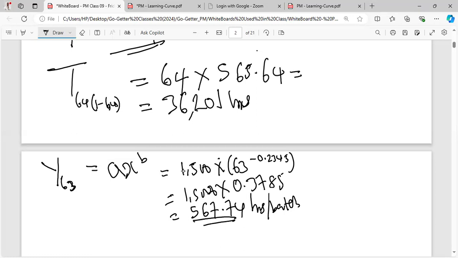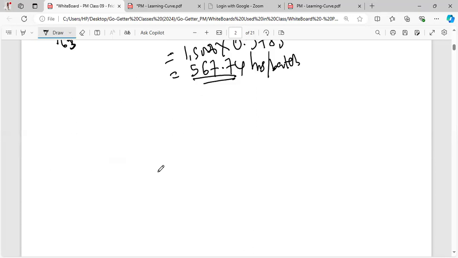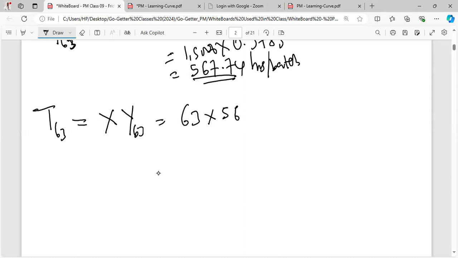Y63 gives you this. The next thing to do is to look for T63. T63 is equal to x times y 63. Now your x is already 63 and your y 63 is 567.74.